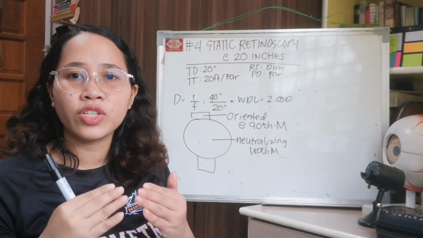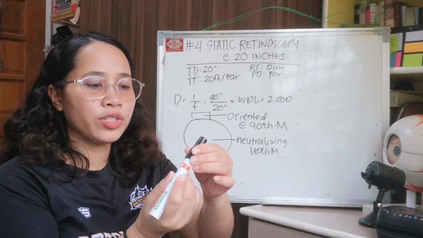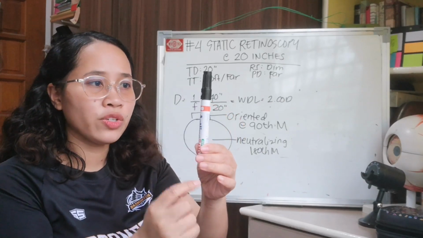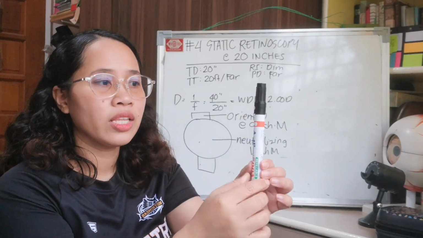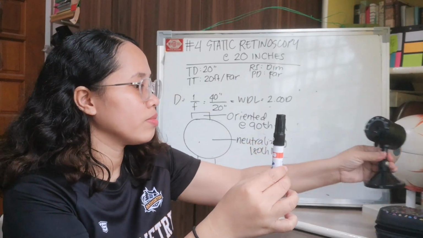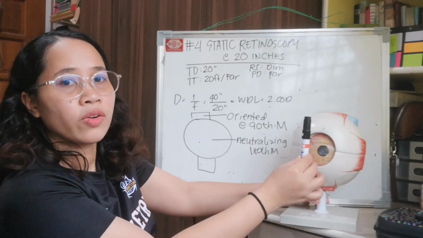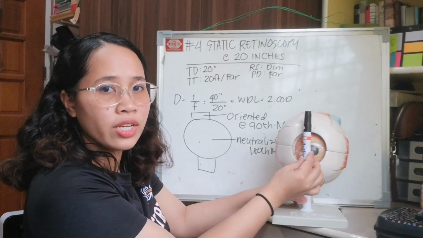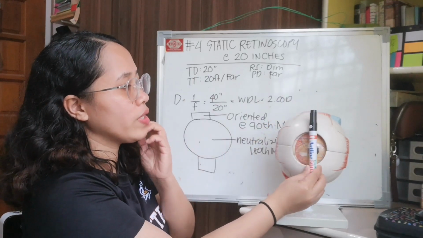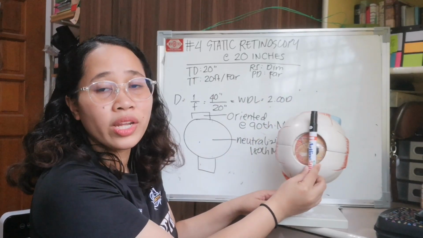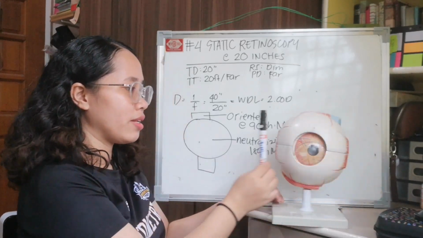Okay. Let me just do it slowly. If this is your streak, and you position it in the 90th orientation, you are neutralizing the 180th meridian. Why? This is the 180th meridian.